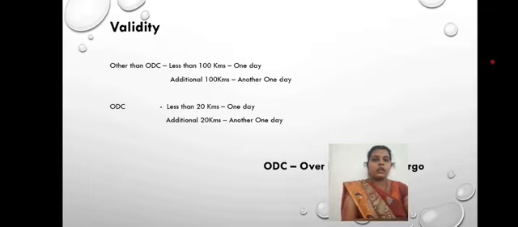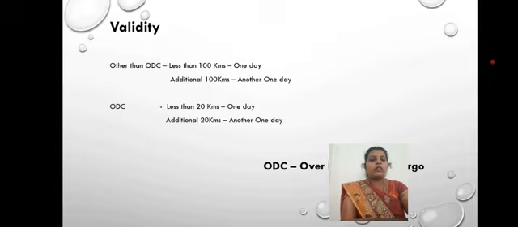For other than ODC, if the transport is going less than 100 kilometers, the E-way bill is valid for 1 day. If the transportation is more than 100 kilometers, for each additional 100 kilometers the E-way bill should be extended for another 1 day. If it is ODC, for less than 20 kilometers it is allowed for 1 day.